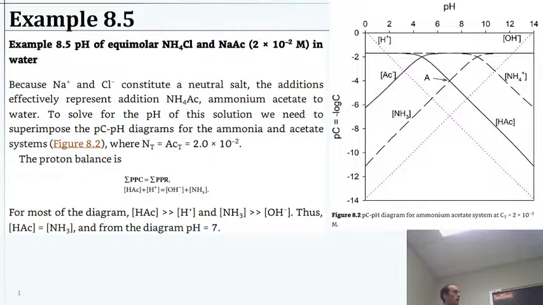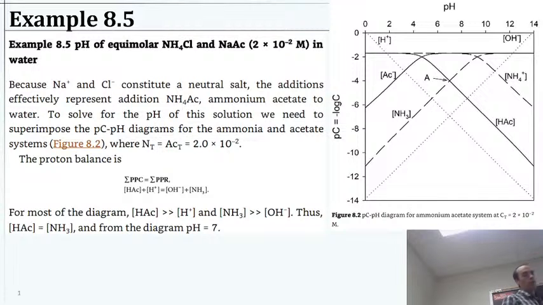Okay, so we left off here last time, and what we're really working towards is understanding on a graph how we can extract information about a system that we want to solve for pH or something. And we're moving towards, how do we know how much acid or base we would need to add to move a system from point A to B? And what can we learn from the system about that?